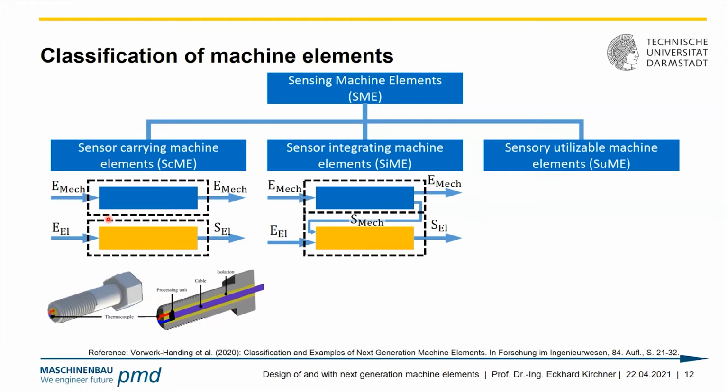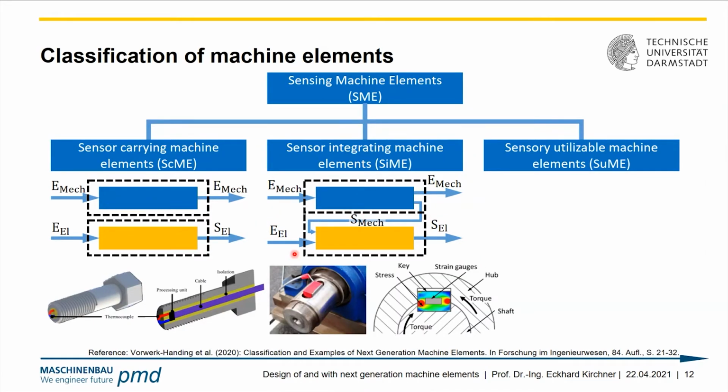The next concept, the next group, the sensor integrating machine elements: there we have a connection between the mechanical function of our machine element and the signal provided. The example here is a sensor integrating feather key.